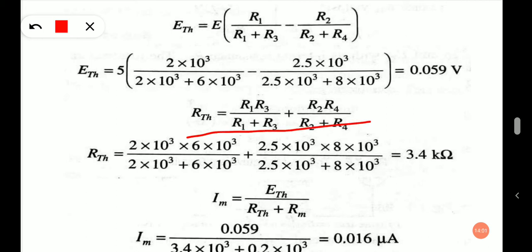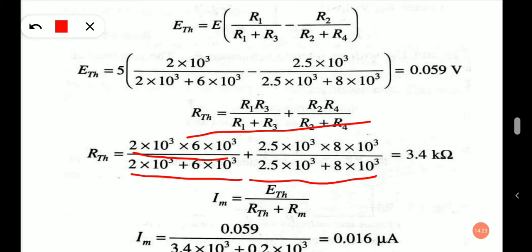So again, if we substitute the values, R1 R3 is 2 into 10 raised to 3 into 6 into 10 raised to 3, upon R1 plus R3, 2 into 10 raised to 3 plus 6 into 10 raised to 3, plus R2 R4 upon R2 plus R4.